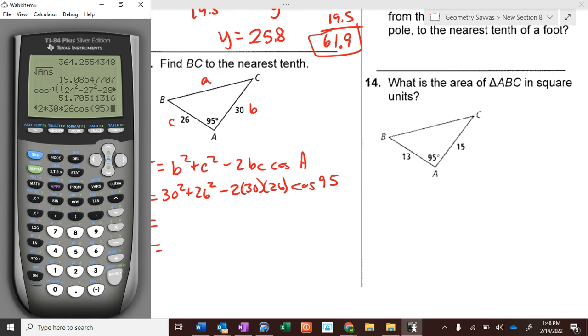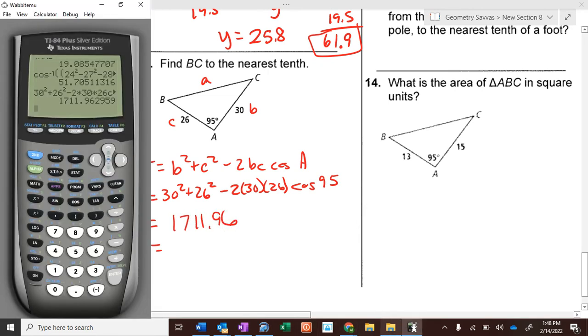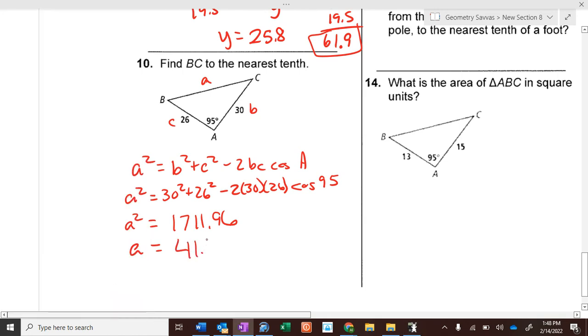That's 1,711.96. And then if we take the square root of that answer, we get 41.4. Okay, good now?